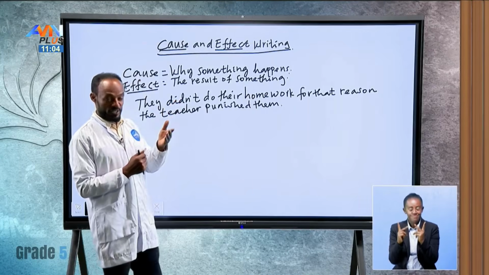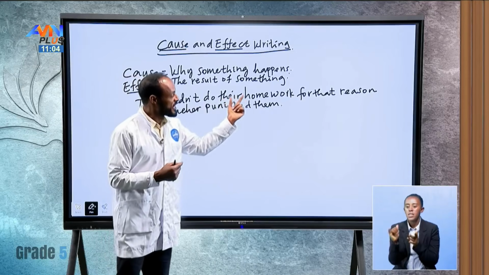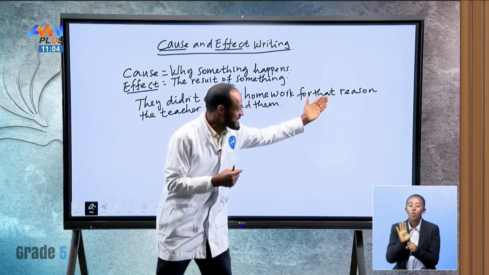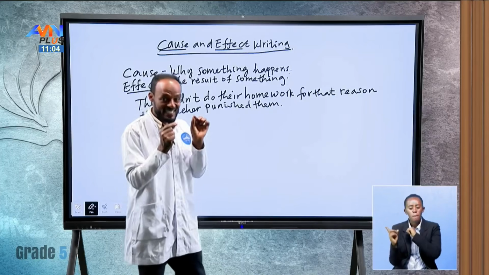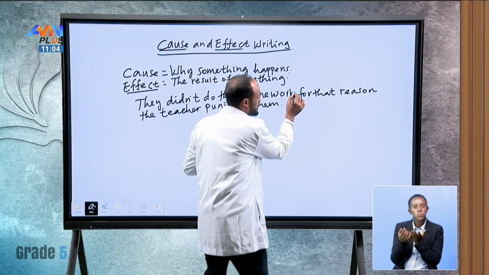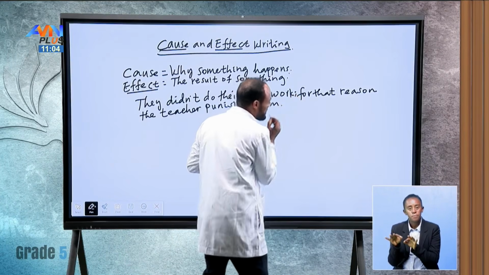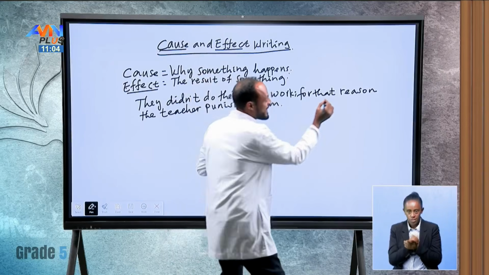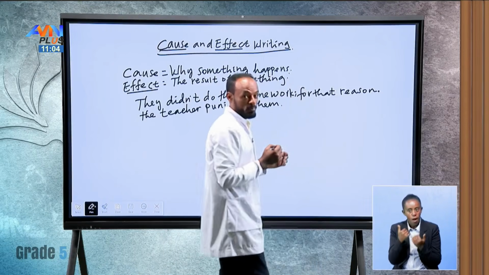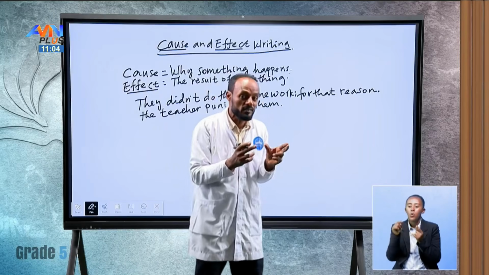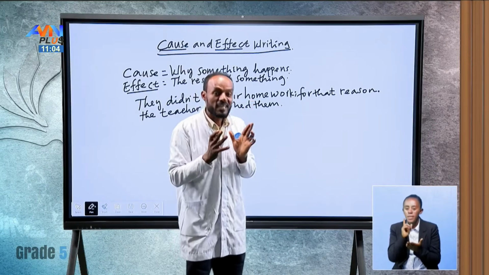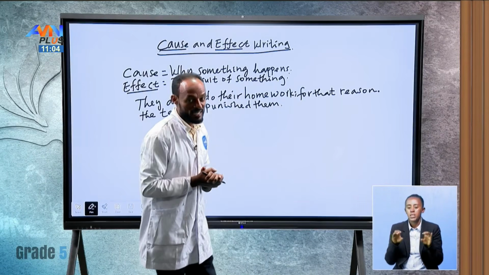Look at the example here. They didn't do their homework. For that reason, the teacher punished them. In this sentence, we have to put a semicolon here. Then, a comma should be here, because these expressions are used to talk about result clauses. Is it clear? Come on.